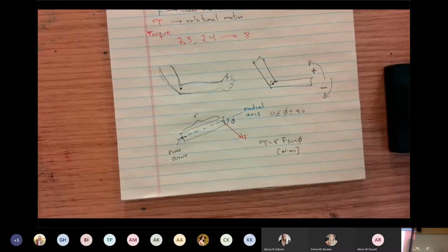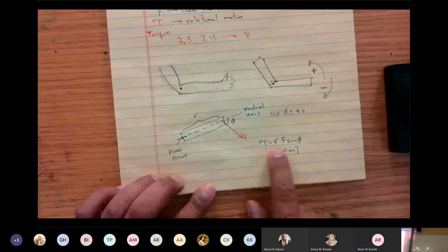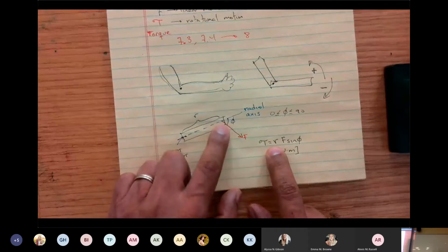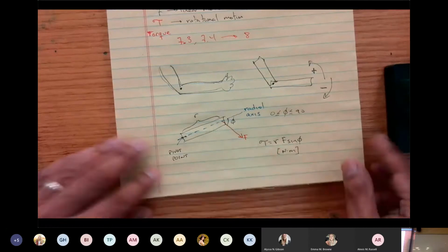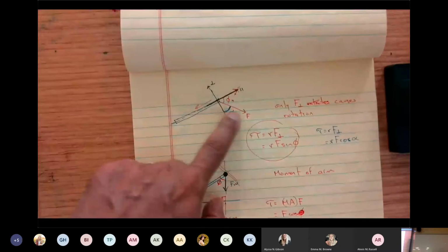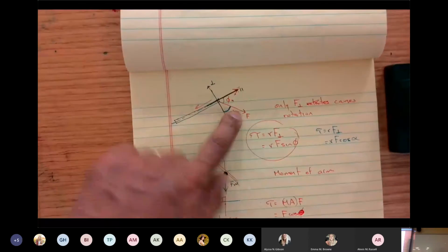Everything that is moving along a pivot point is a kind of rotation, and that can be described as a torque. And we look at this equation that basically the torque is the distance between the pivot point and where the force is times the perpendicular force. And we define that perpendicular force as the force that is perpendicular to that radial axis.